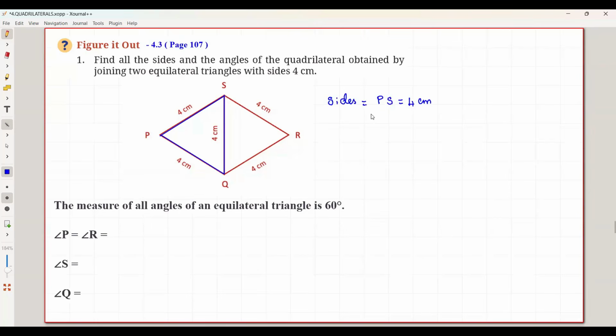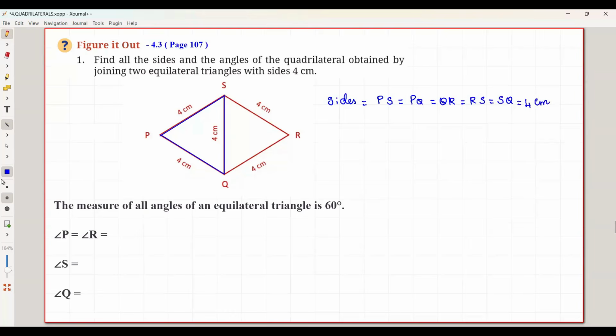I think you can just write that everything is equal, so I can go with all: PS is equal to PQ is equal to QR is equal to RS is equal to SQ. All are equal to 4 centimeter.